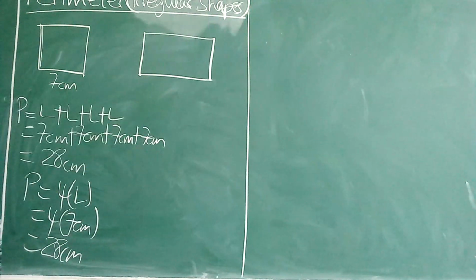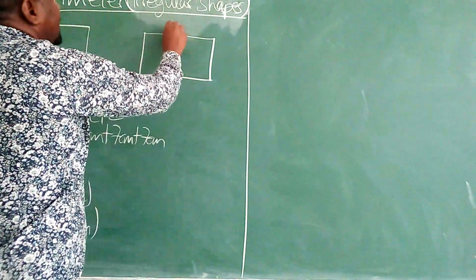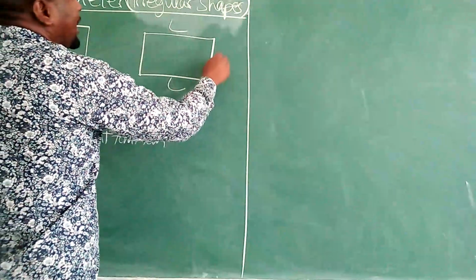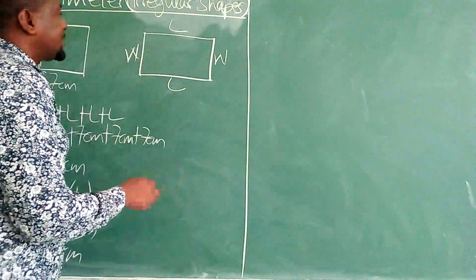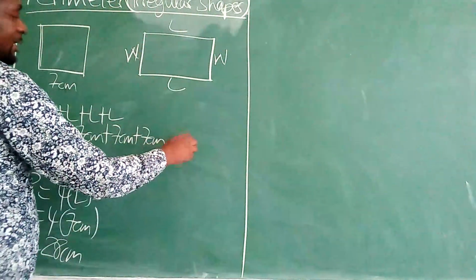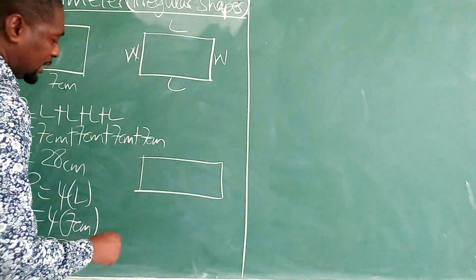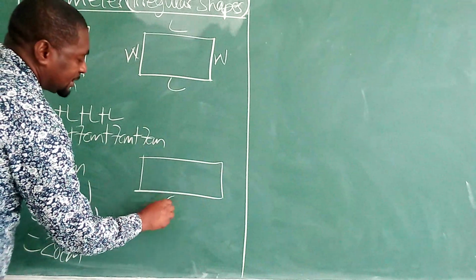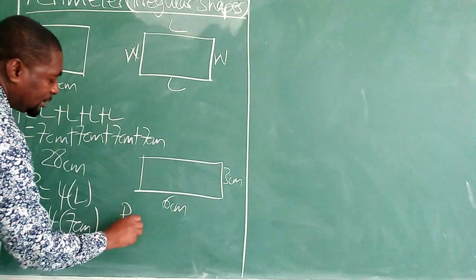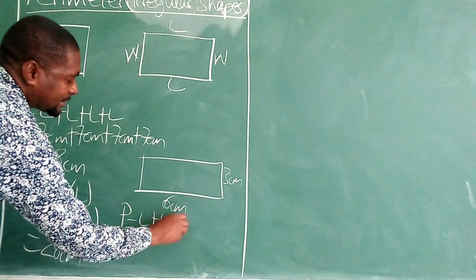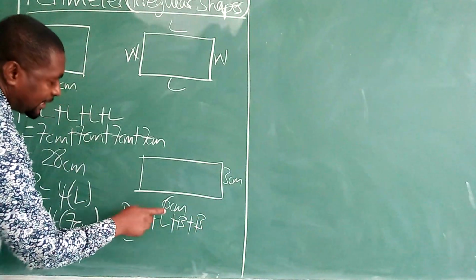And then for the rectangle too, if you want to find the perimeter, we have the length, and then we have the width or the breadth. Then I said that if let's say a rectangle is given to you, and we have here, let's say 6 centimeters, and here is 3 centimeters, you are going to write P equals L plus B plus L plus B. So the L is the length.